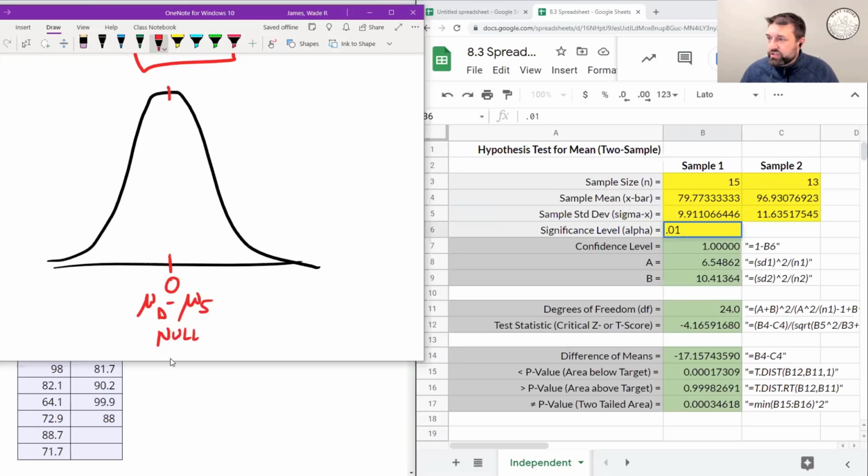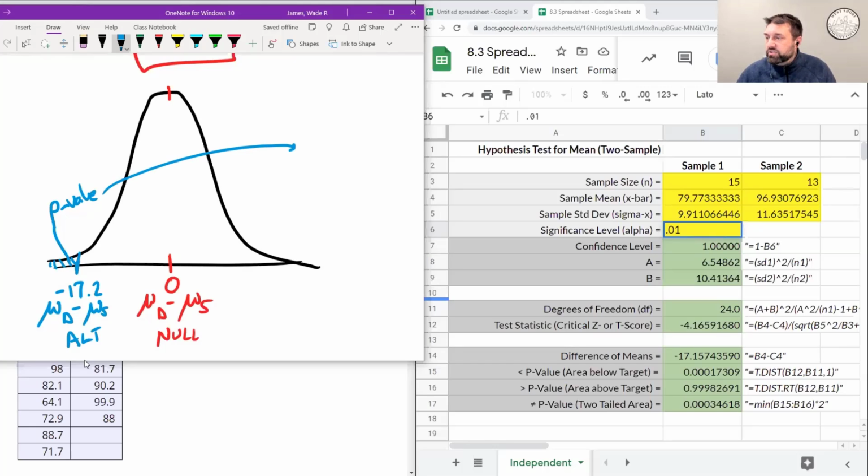On the other hand, we're saying, no, we think there is a difference, and we think that the Detroit is less than. And then when we look at the difference in the means, we get negative 17.2 degrees. This is from our sample, the mean of Detroit minus the mean of Seattle. This is our alternative hypothesis. And we believe that it's less than, so we are looking for this area, this p-value.